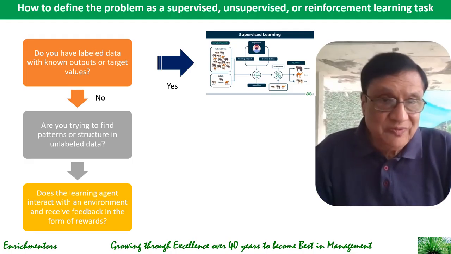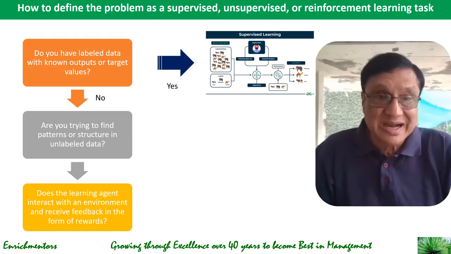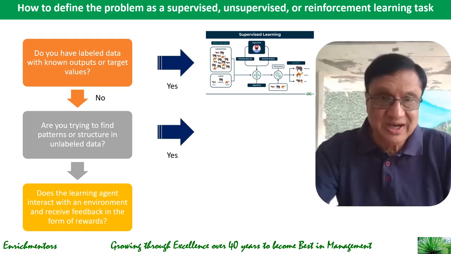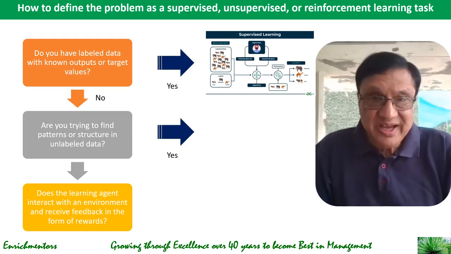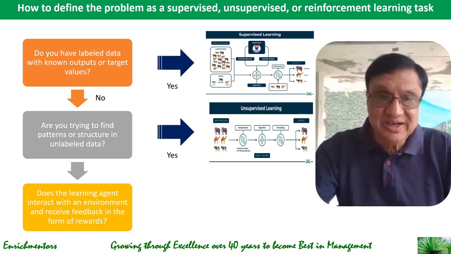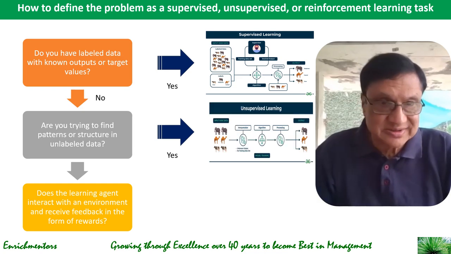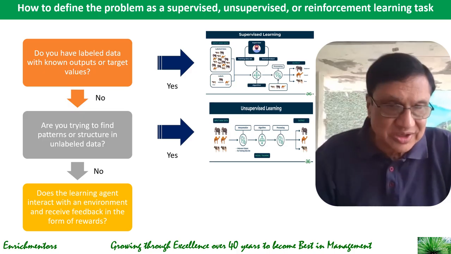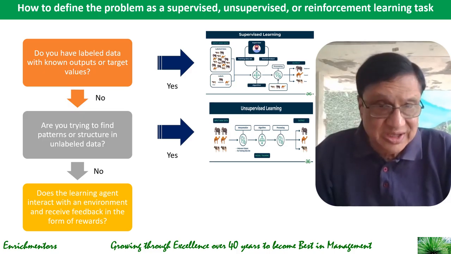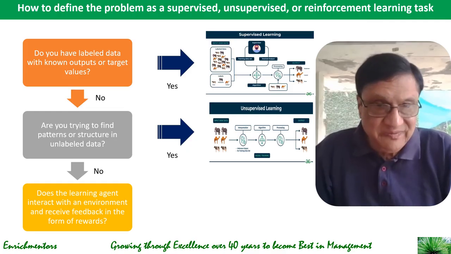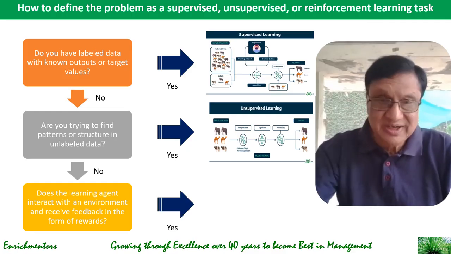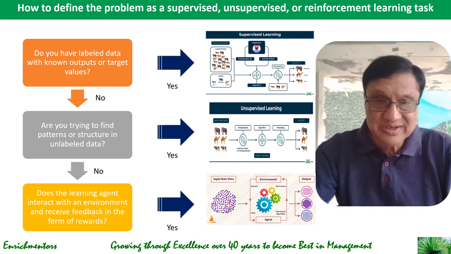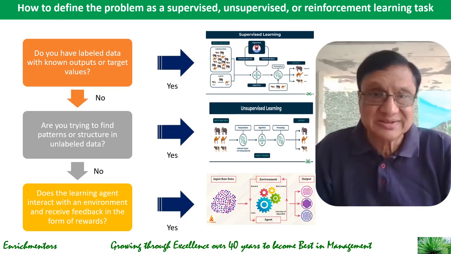Are you trying to find patterns or structure in unlabeled data? And if the answer there is yes, then very clearly it's an unsupervised learning task. And if the answer is still no, then you ask the last question: does the learning agent interact with the environment and receive feedback in the form of rewards? And if the answer is yes, then it is a reinforcement learning task that you have.